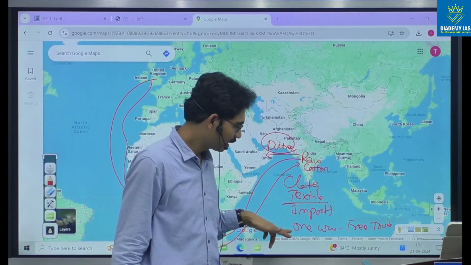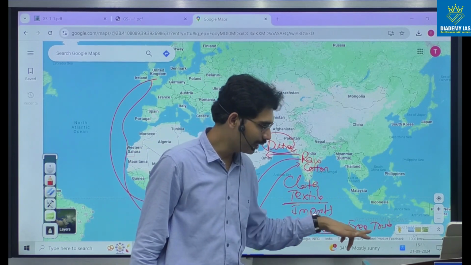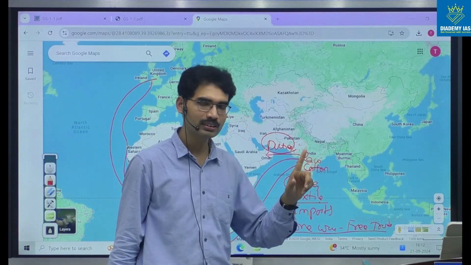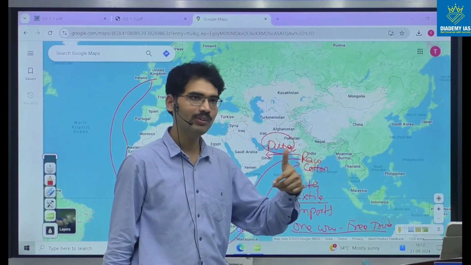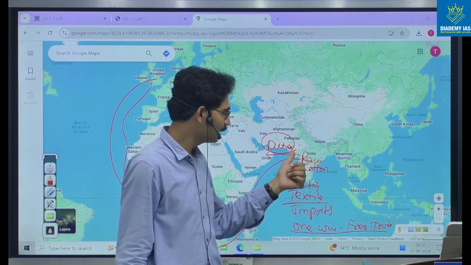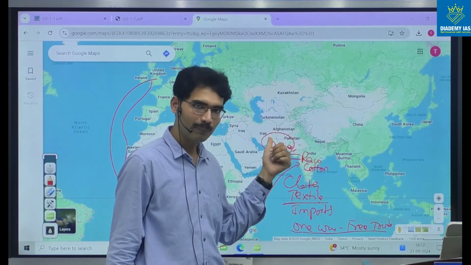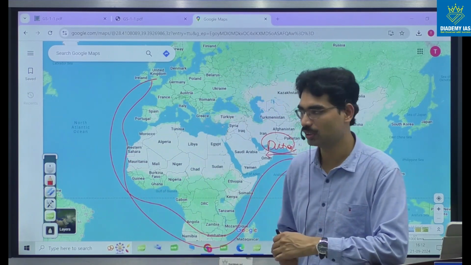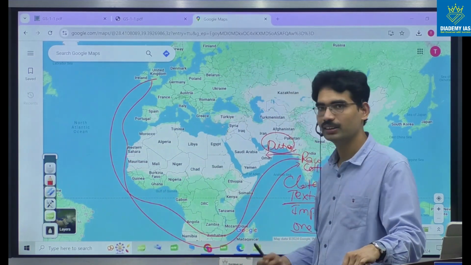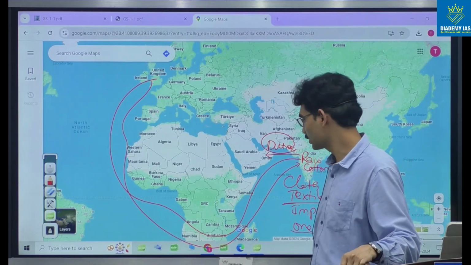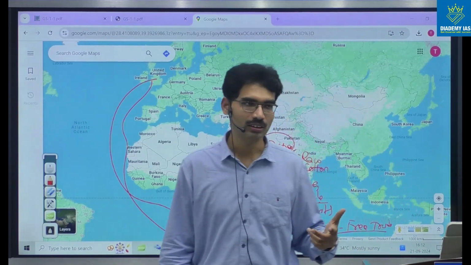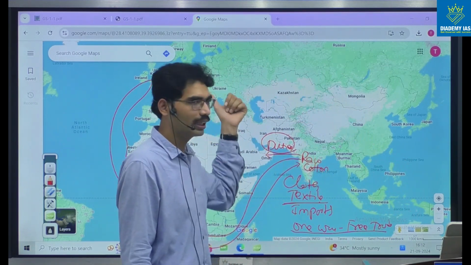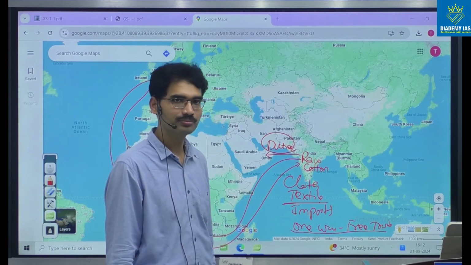As a result, British textiles will be at a cheaper price, whereas Indian products will be at a higher price. Even if Indians want to export, the price will increase further due to export duties. One-way free trade affected Indian handicrafts. Now, the cotton was taken to the industries in London.